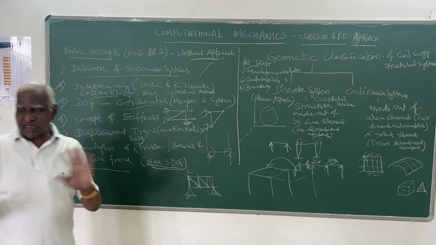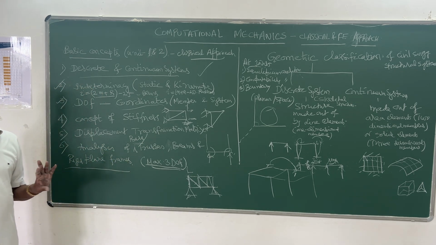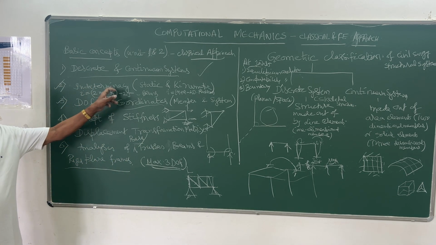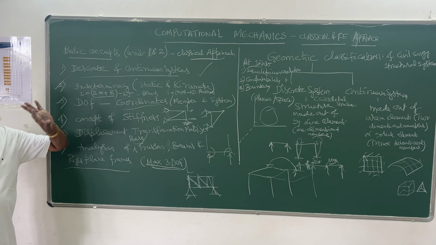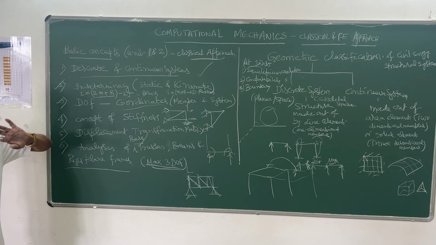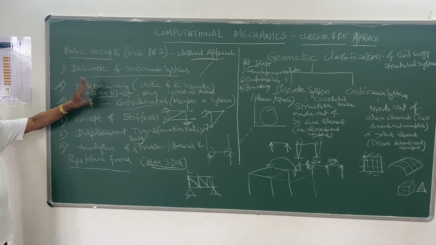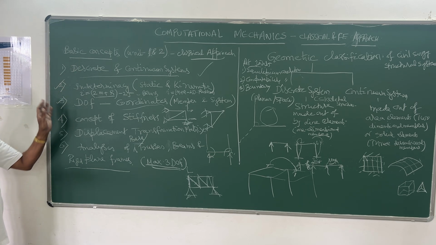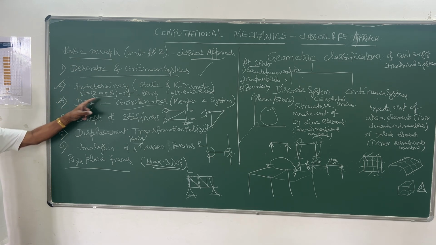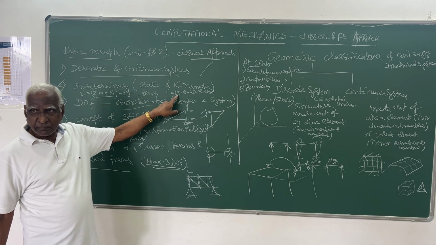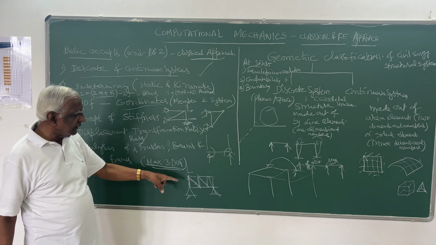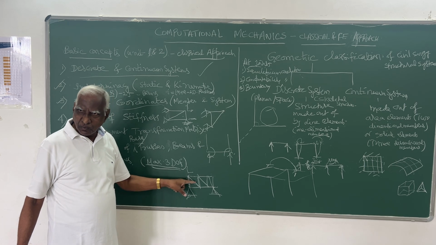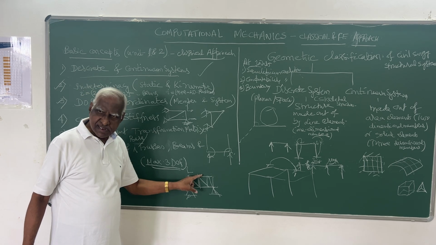So forces and displacements together have to be taken. The concept of force, statics, and the concept of displacement should be very clear. I hope that at undergraduate level it has been studied in detail. Here are only the basic concepts, and we are revising all that knowledge. So that is about the truss member. When I talk about the degree of indeterminacy, in each member you have only one force, that's axial force.